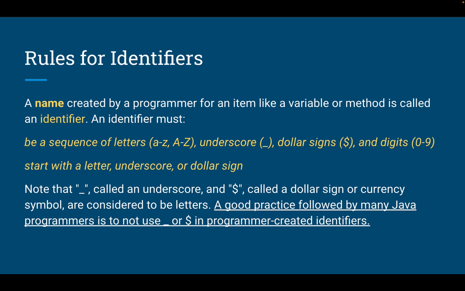You can't create a name in Java where you say one student. That's an illegal name reference. You can't do that. However, you can use the dollar sign to start with the name. You can use the underscore. You can use any lowercase symbol. Now, typically, it's not good practice to name things with the dollar sign or the underscore.